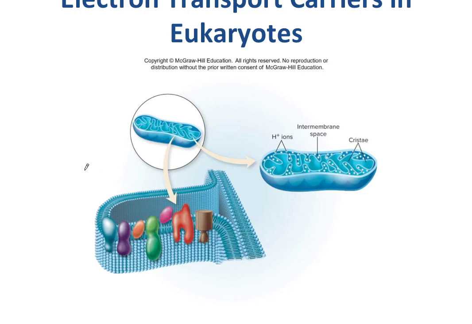So the hydrogen and the electron will be deposited to this space, okay, this space. So this space has a very high hydrogen concentration, so it can diffuse to the inside of the mitochondria through the ATP synthase, and let the ATP synthase spin at very high speed, and then produce ATP. Okay, so this is the process.